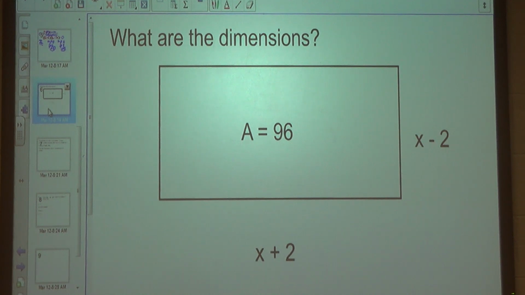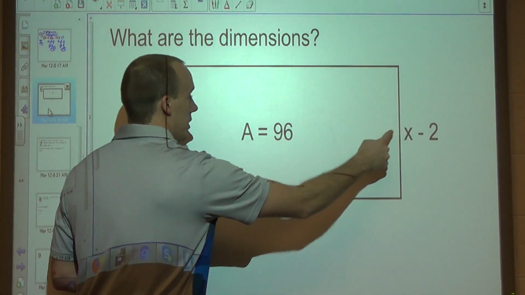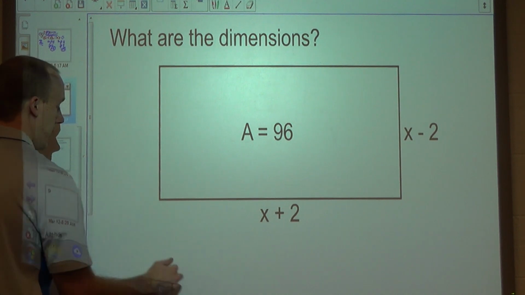They'll give you the area and they'll give you the dimensions on the side lengths, and they'll want you to find those dimensions, what they exactly are. What do I know here? Area is equal to 96. What shape am I given here? A rectangle. What do we know about a rectangle in the area formula? Length times width, correct. So then that's how I set it up.